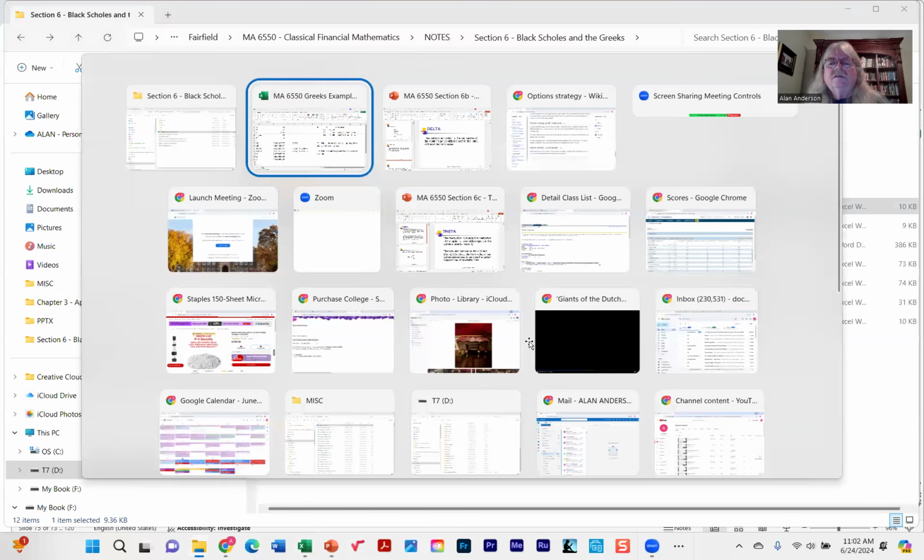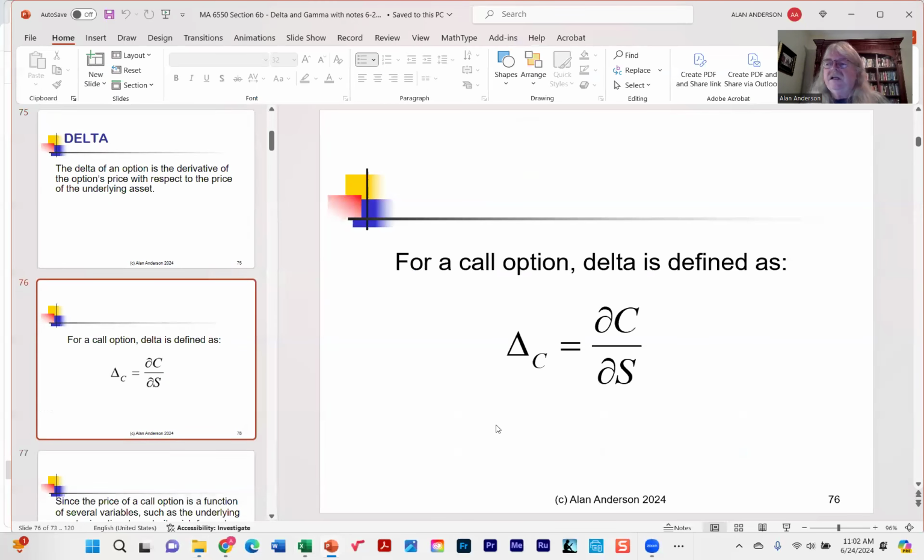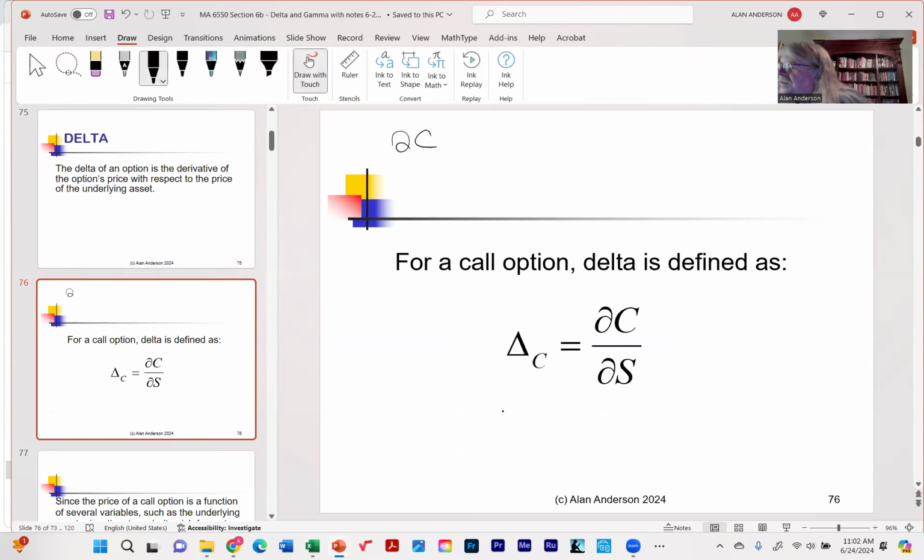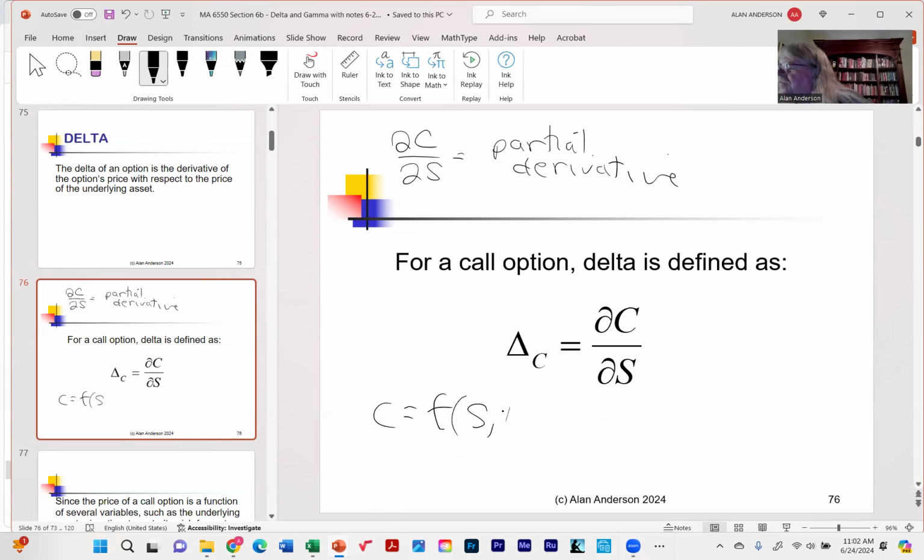So more formally, this is how it's written. If you notice, this is the notation here. You've seen these before. These are partial derivatives. The reason we need a partial derivative is because C is a function of many variables.